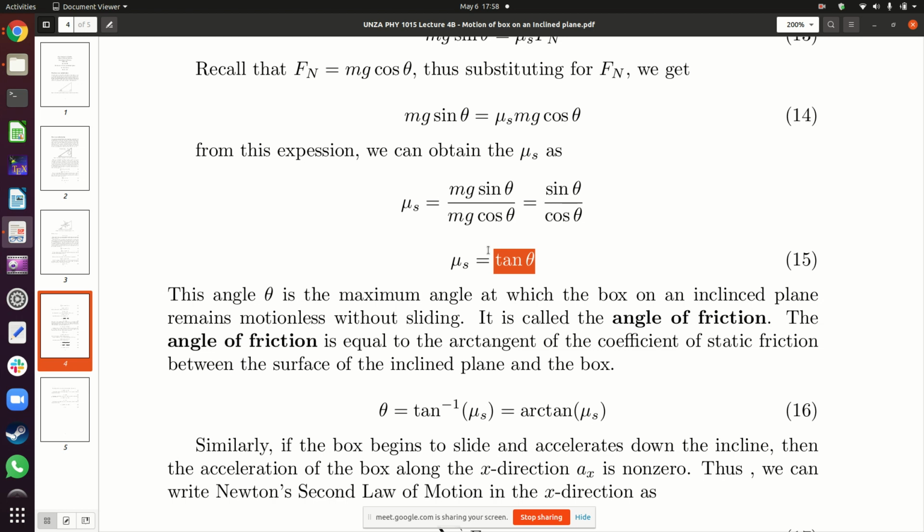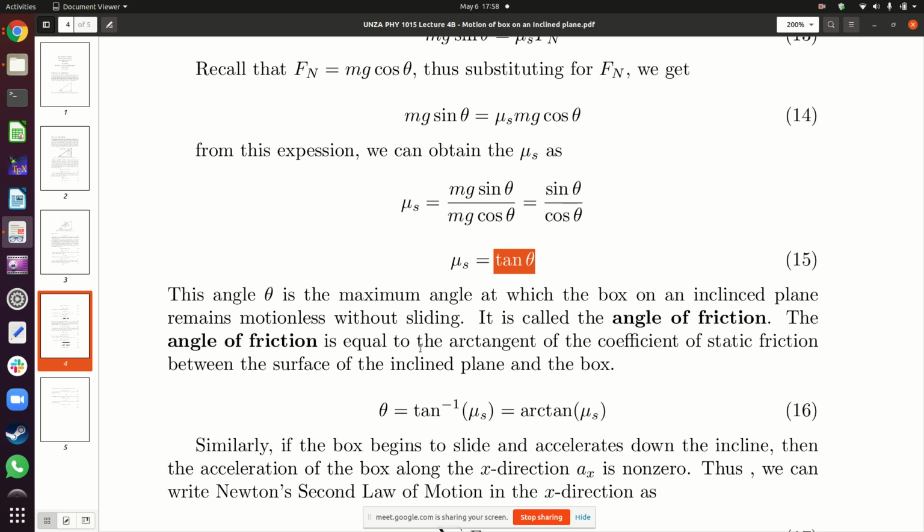Coefficients of static friction are typically around 0.7, 0.75, 0.8, 0.85, 0.9, somewhere there. The coefficients of kinetic friction are much smaller: 0.15, 0.2, 0.25, 0.3 there. Those are the values of the coefficient of kinetic friction. Alright, sir, thank you.